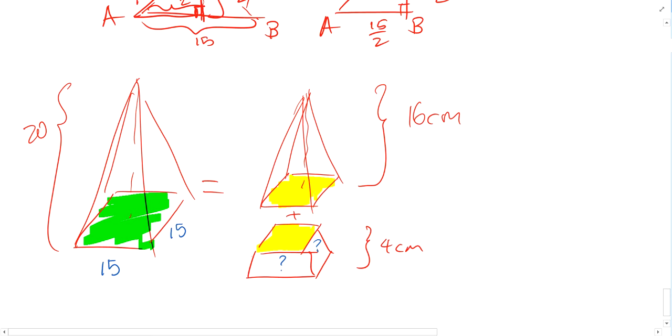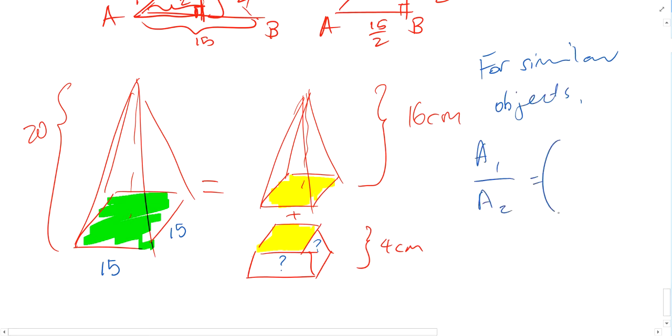Now, what is the approach we should take? If there are similar solids, similar figures, what is the ratio of area given by? For similar objects, area 1 over area 2 equals length 1 over length 2, squared. All agree with this?